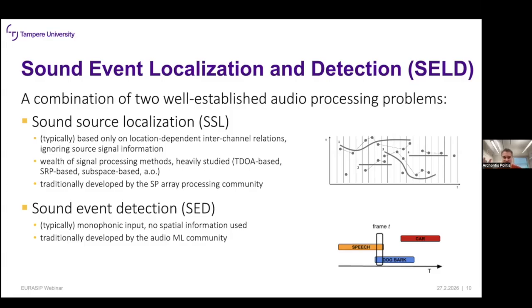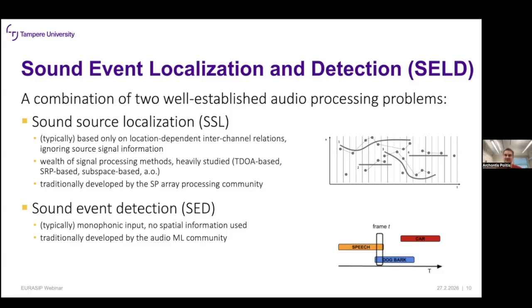One is the source localization task, which is one of the most classic tasks, very heavily studied with signal processing methods and traditionally developed by the array processing community, which, however, in its typical setting, only tries to infer dominant source positions in the sound scene without caring about the source type or the source signals themselves.